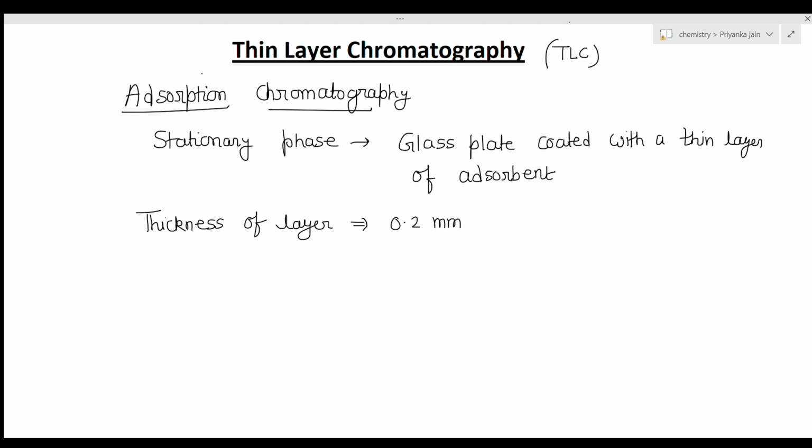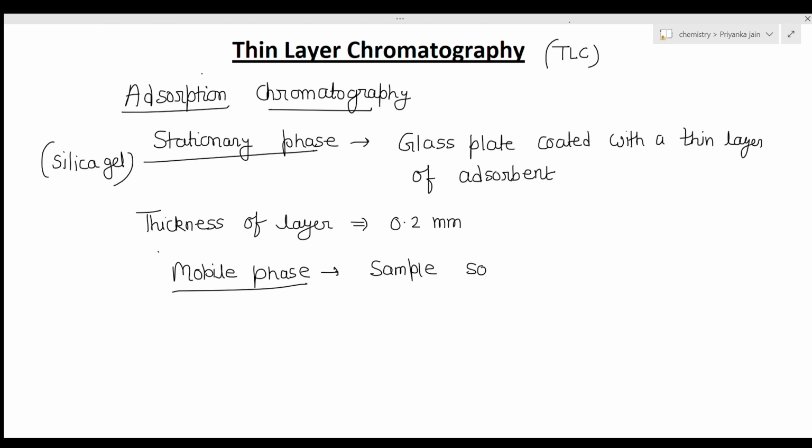In general, our stationary phase is a silica gel. This silica gel is coated on a glass plate, and our mobile phase is the sample solution.